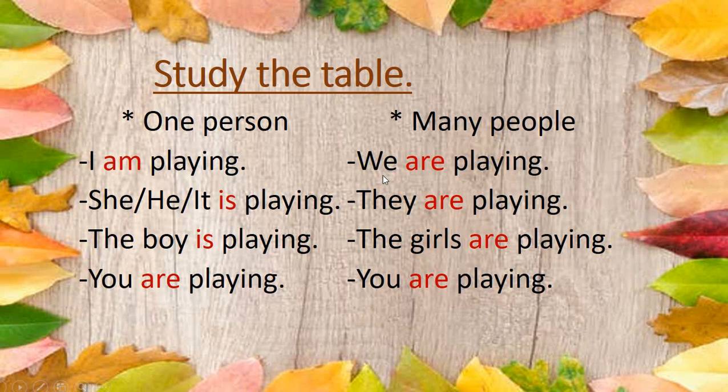I am playing. We are playing. She, he, it is playing. They are playing. The boy is playing. The girls, here many, the girls are playing. You are playing. We know that we are using are with you also. So, now you all understood, no? To show that the action is happening now, we use ing with the doing words.